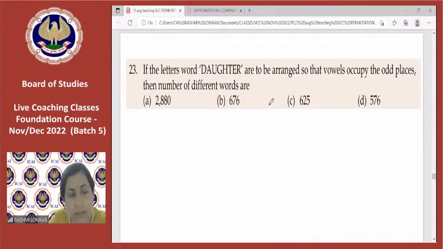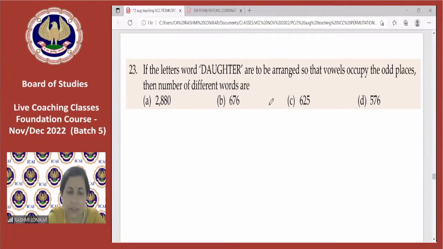Now we have the letters of the word DAUGHTER. The letters of the word DAUGHTER are to be arranged so that vowels occupy the odd places. The number of different words are?